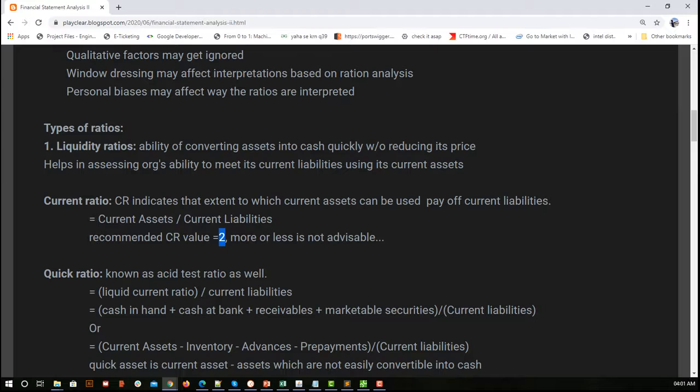Now suppose the current ratio is 100. If my current assets are 1000 and current liabilities are 10, can we consider that our organization is very good? No, because in that case we can interpret that the company doesn't have the efficiency to properly utilize its assets. So there can be different interpretations based on different values of it. Okay, so the recommended value is 2.